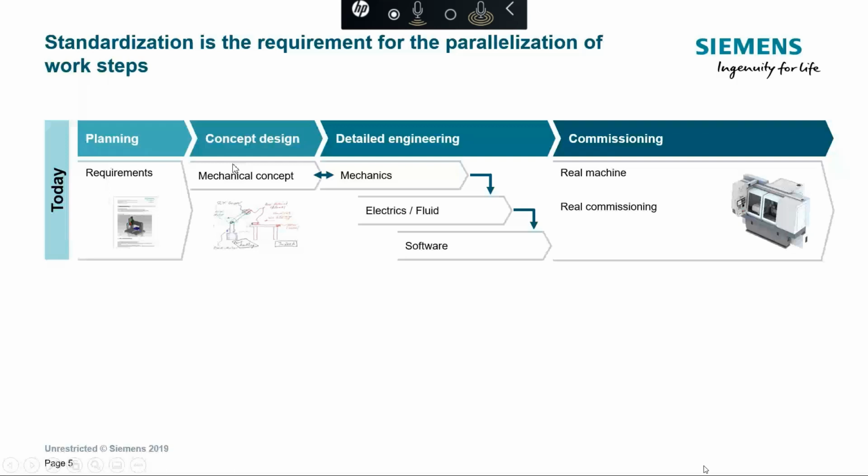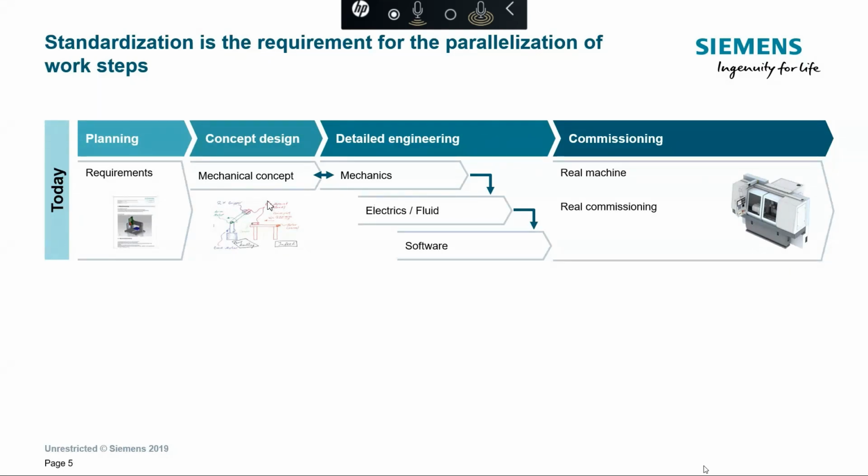Very first, the mechanical concept will be prepared, then the mechanics will be designed for that. If I am preparing something like a robotic arm system or a CNC system, different levels of mechanical aspects would become a basis for me to continue my work in preparing my electrical wiring, and that will in turn become my basis for creating my software and finally integrating it into a complete project.